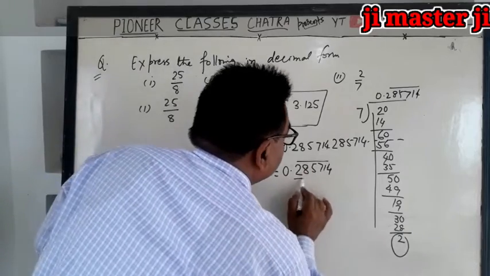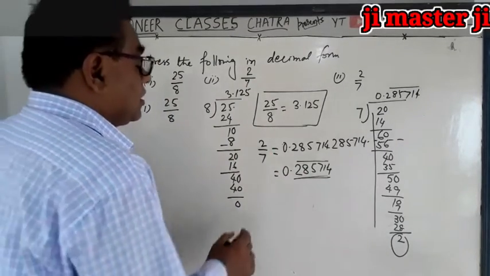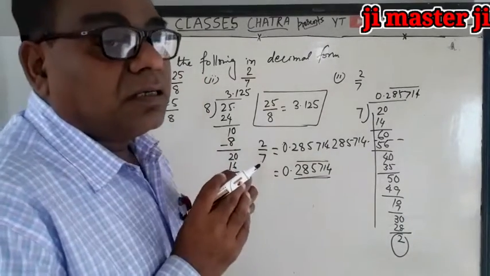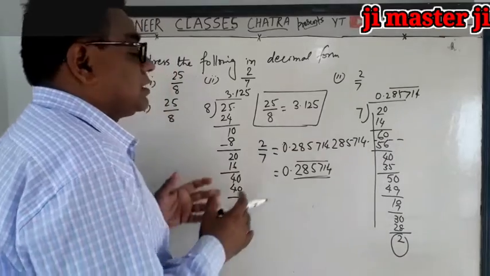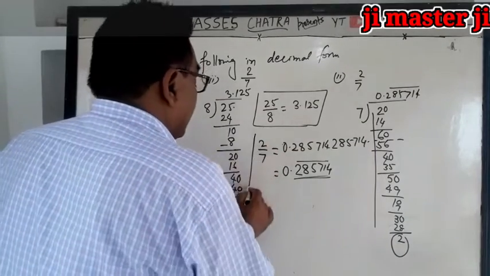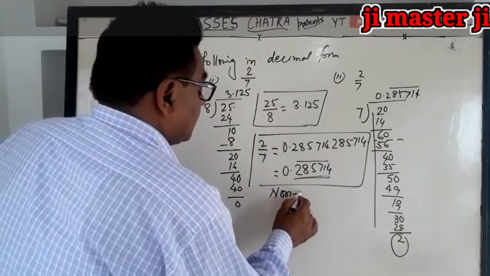So this part will repeat and repeat. So this process will not come to an end, and the whole process is called non-terminating. So this is called non-terminating decimal representation.